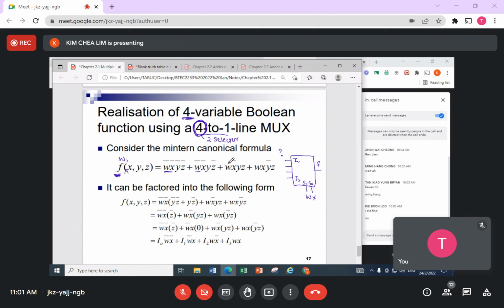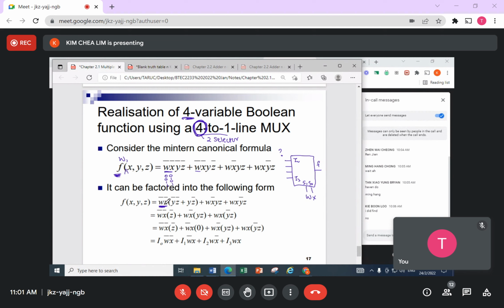So we play around with these equations here. You take out a common WX. Take out this first one. Now we take it out according to the order of when these two are 0, 0, followed by 0, 1, followed by 1, 0, followed by 1, 1. So first, take out these two here. They are 0, 0.